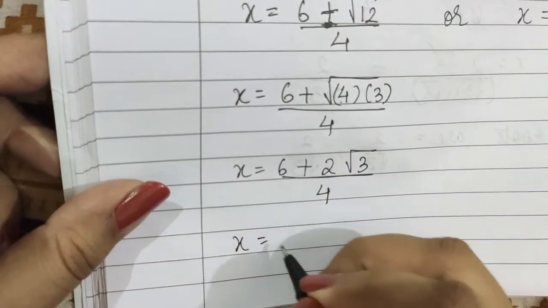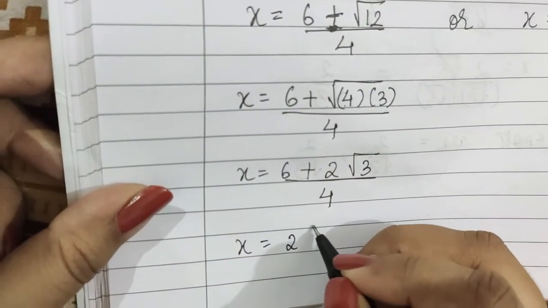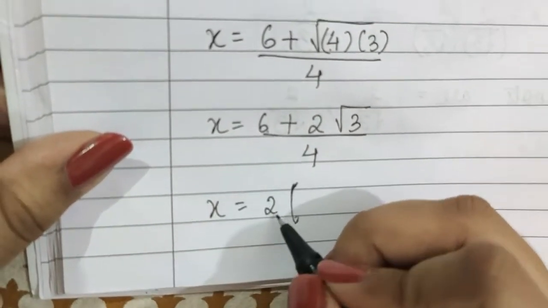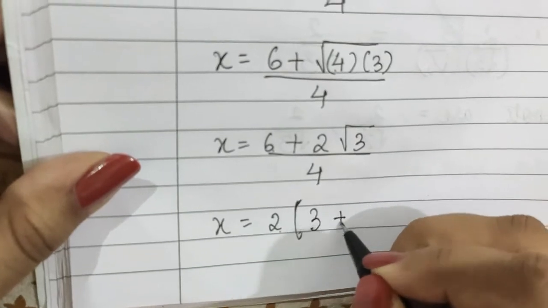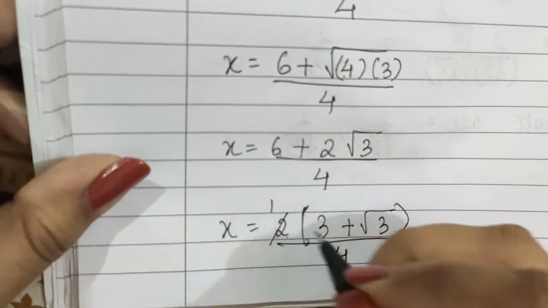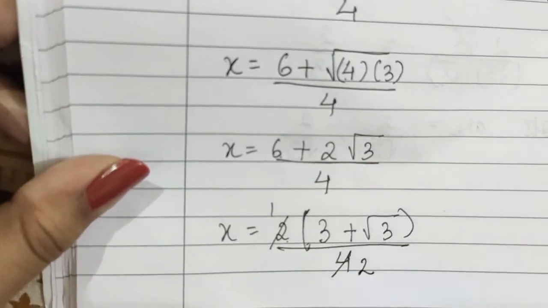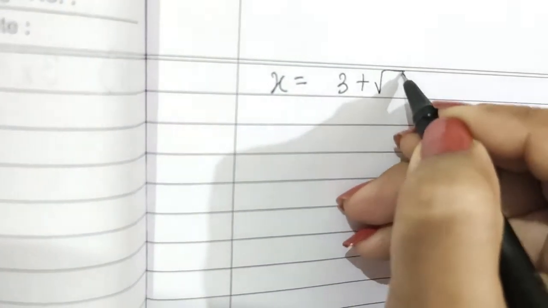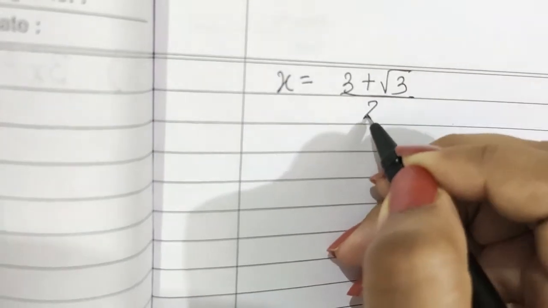So this will be x equals to 2. What we are left with? When we will take out 2 common, we are left with 3 plus root 3 whole upon 4. This will be 2 1s are 2, 2 2s are 4. So over here we are left with x equals to 3 plus root 3 by 2.